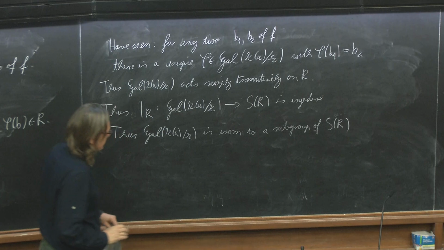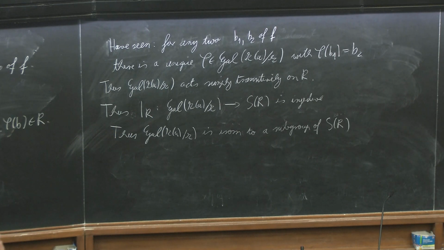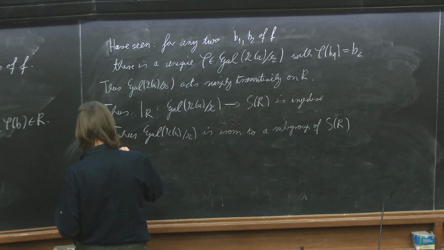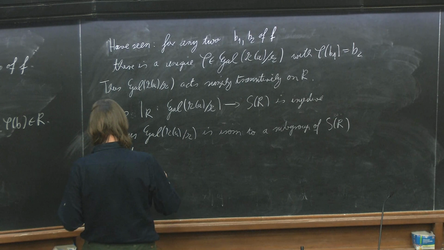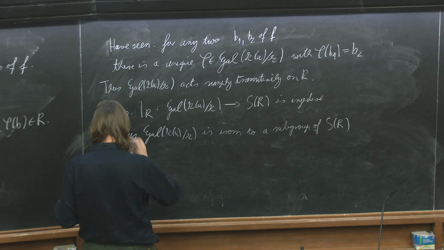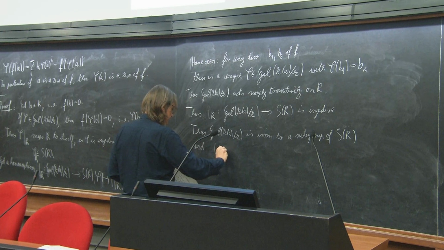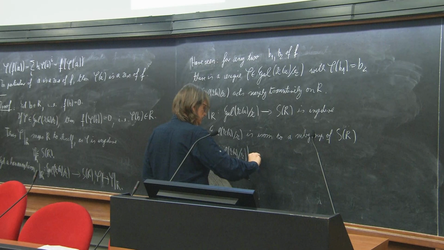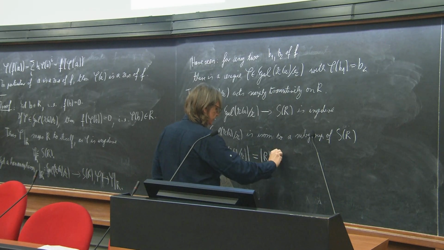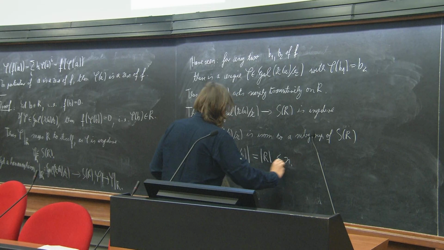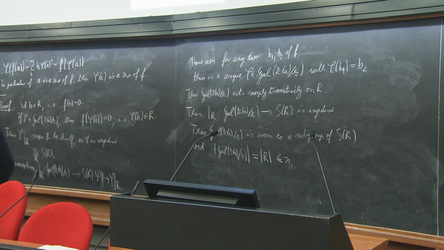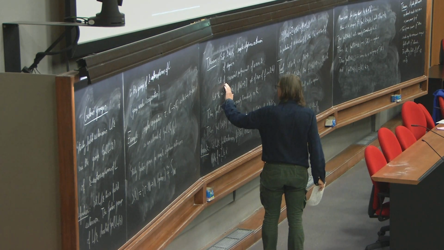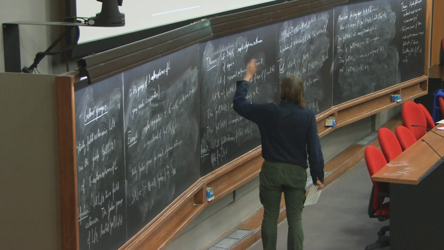And as it acts simply transitively on R, it has as many elements as R. And the number of elements in the Galois group of Ka over K is equal to the number of elements in R, which we know is smaller or equal to n, because we're looking at the zeros of F, a polynomial of degree n, in Ka.